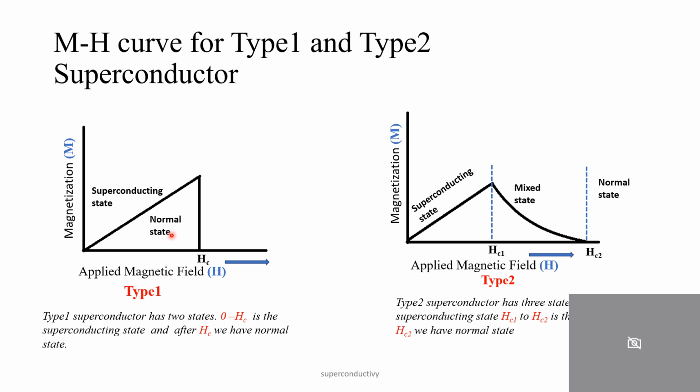So in case of type 1 superconductor, we have only one critical magnetic field. But in case of type 2 superconductor, we have two critical magnetic fields, Hc1 and Hc2.